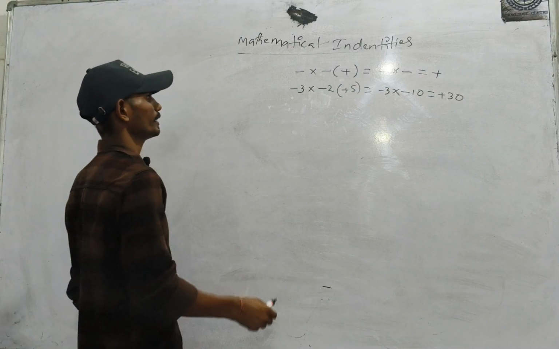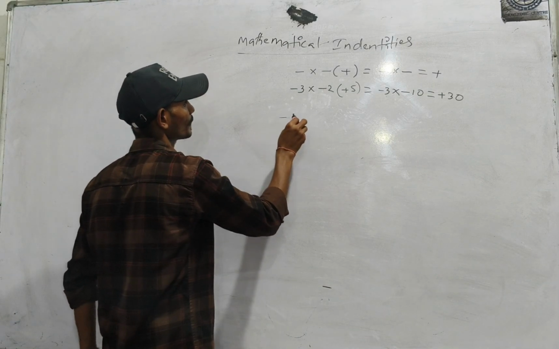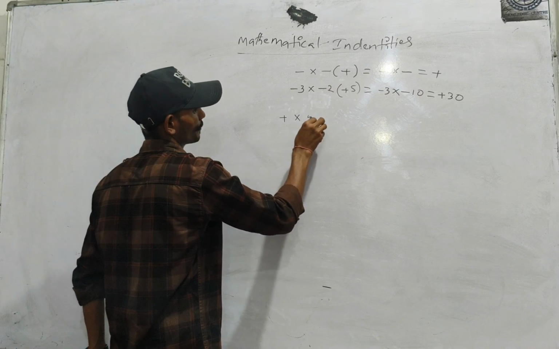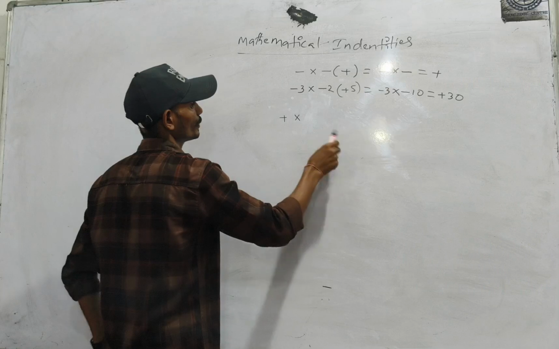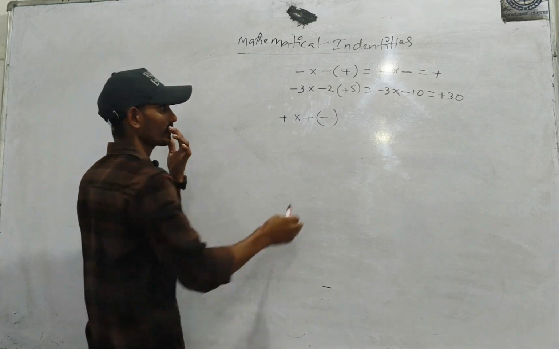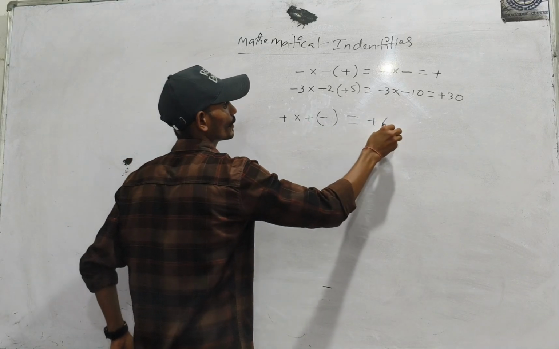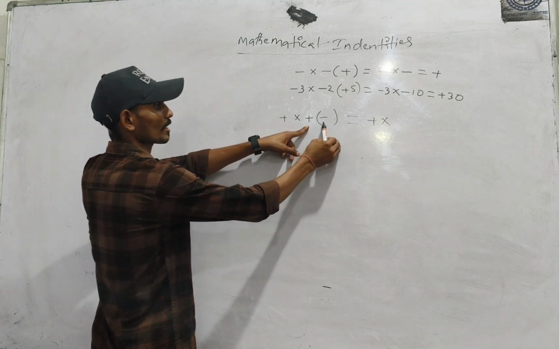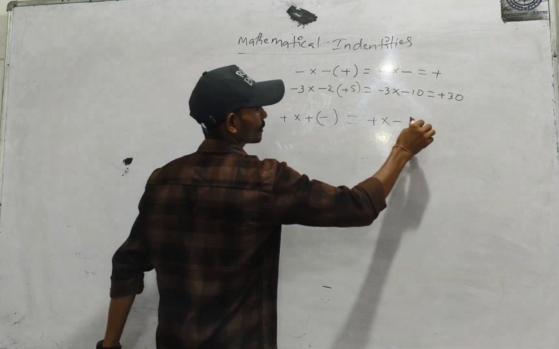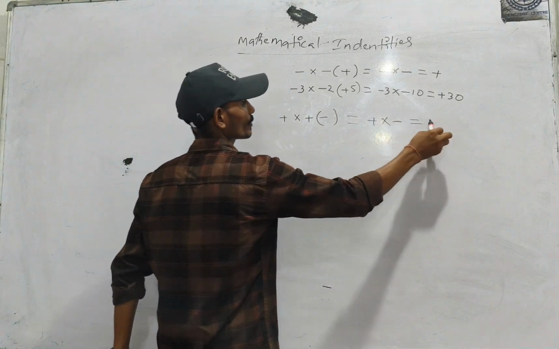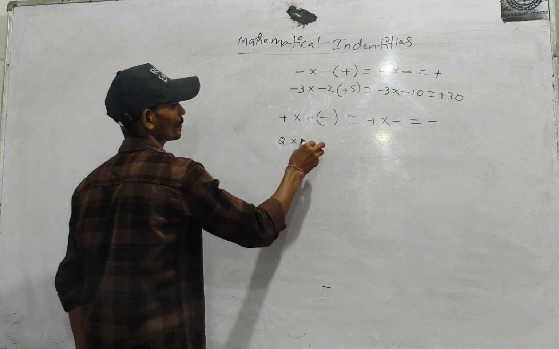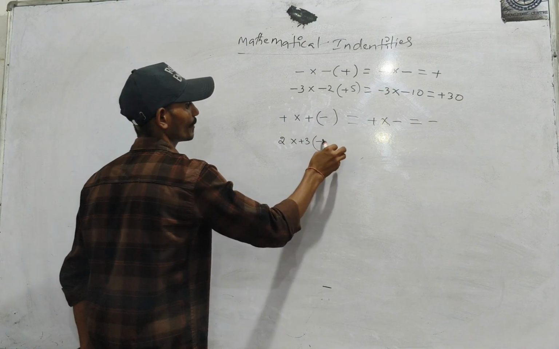Okay, next, one more concept: positive into negative. You are getting a negative sign, so the answer is negative. Example: plus 2 into plus 3 into minus 8.